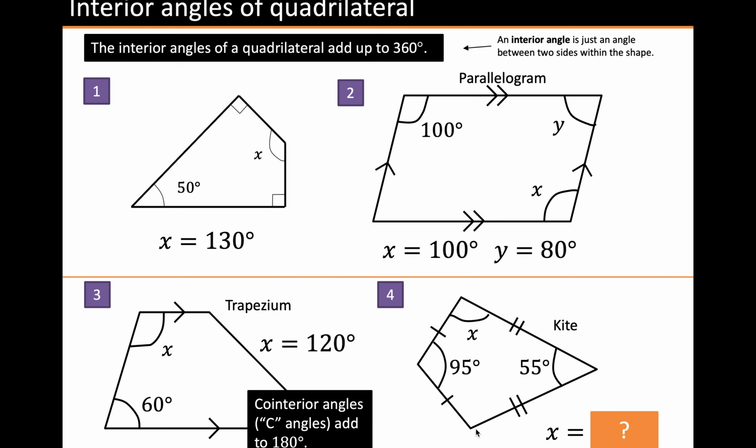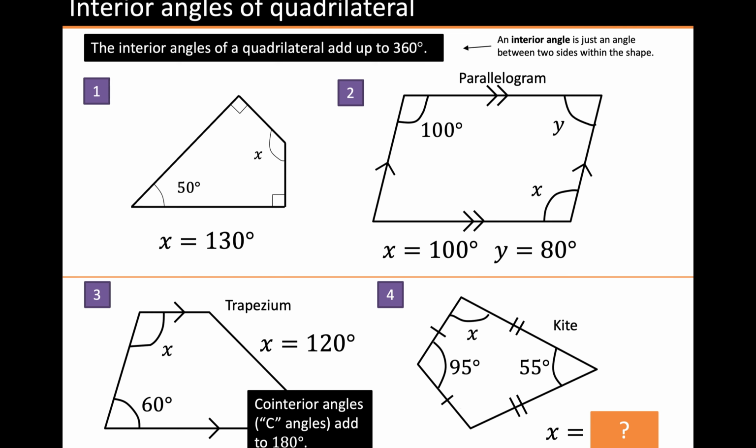So this is a kite shape. These two marks here show that these sides are the same, and this single mark shows these two sides are the same. So how do we apply the clue of these two sides to get the angle x? If this is 55 and this is 95, and we know the total is 360.